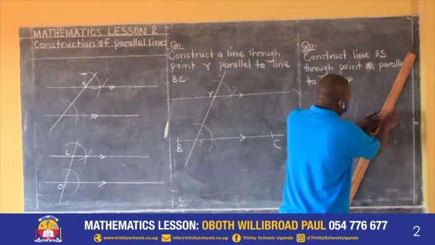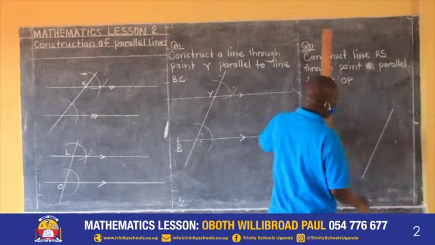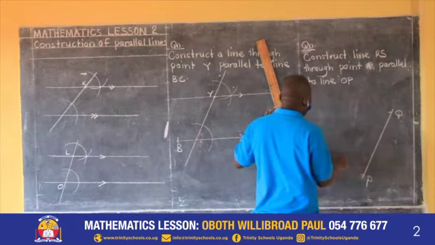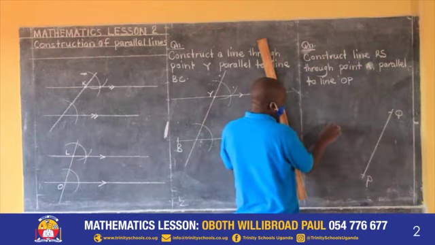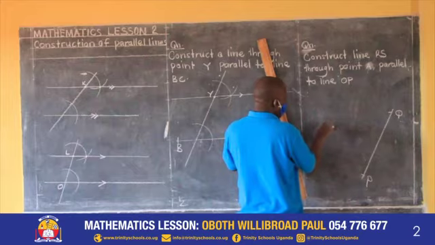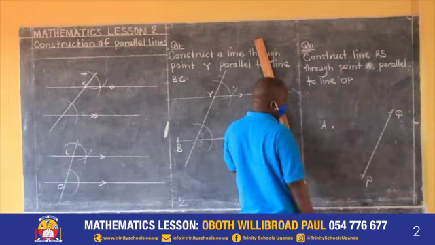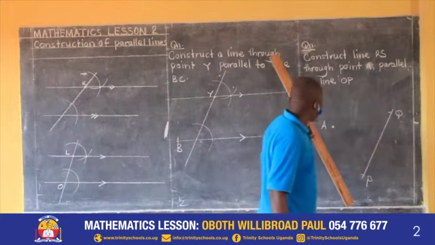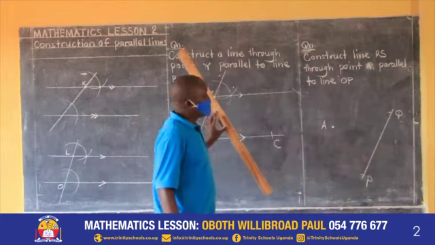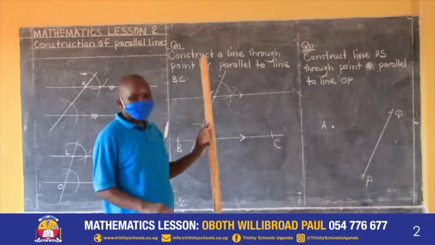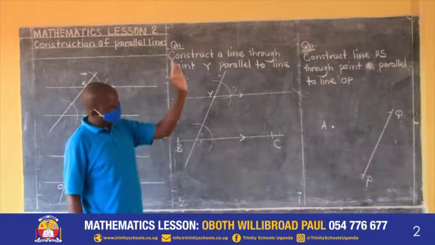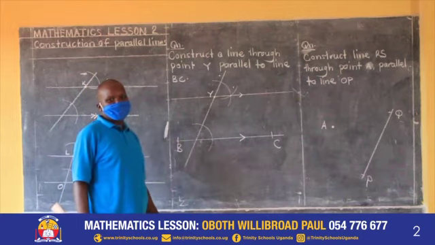And this examiner has drawn the line like this, PQ. And the other point A is here. Point A is there. So what happens? Don't say that teacher told us only when the lines are like this. Now they have changed and made the lines slanting again.